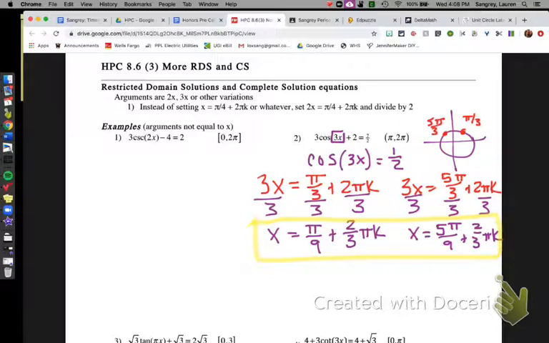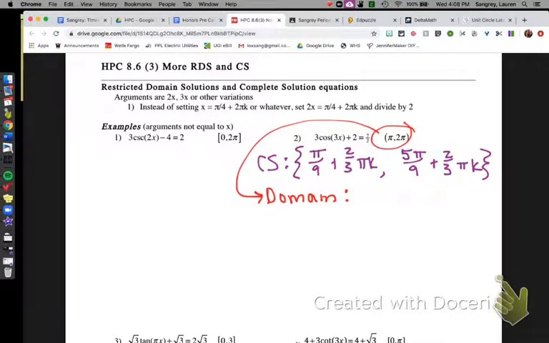Now we're going to look at restricted domain solution. Okay, I reorganized my work a little bit. You still see my complete solution, and now we're going to work on restricted domain solution. So again, you can use your calculator for this. Just for the purpose of the video, I'm going to write all this out. I like to just get a common denominator and make it a little more visual for me.